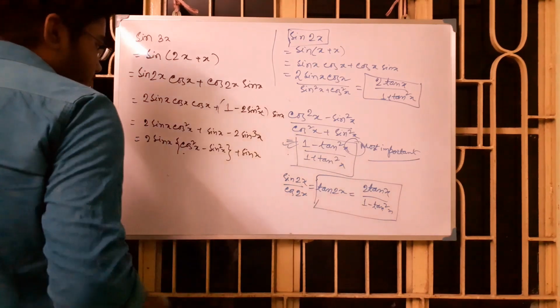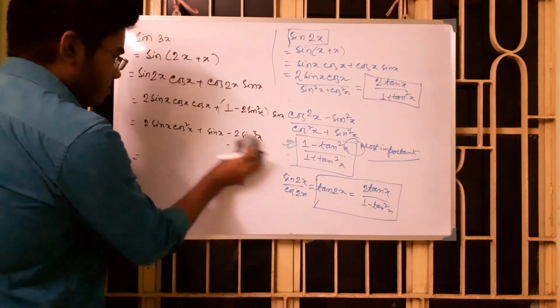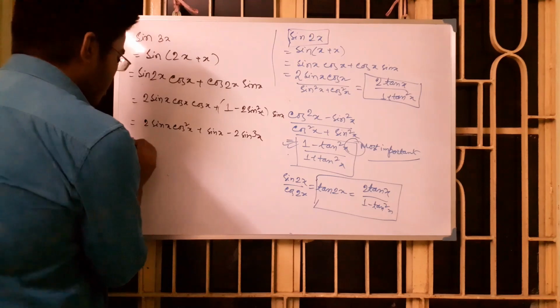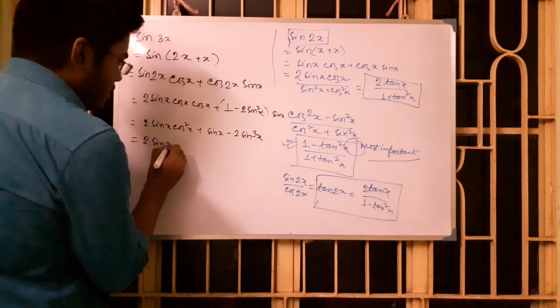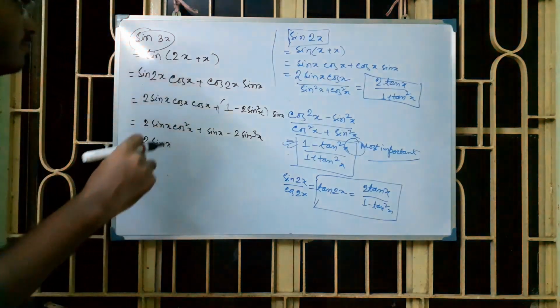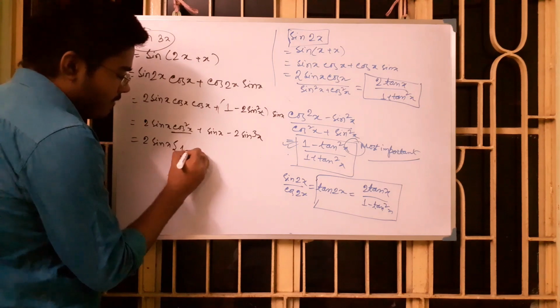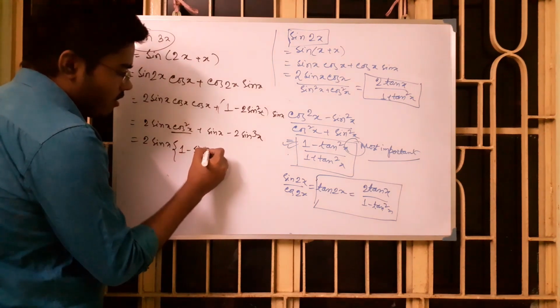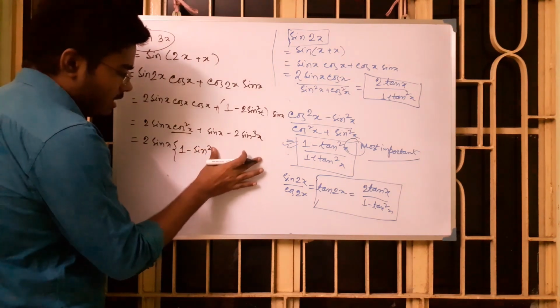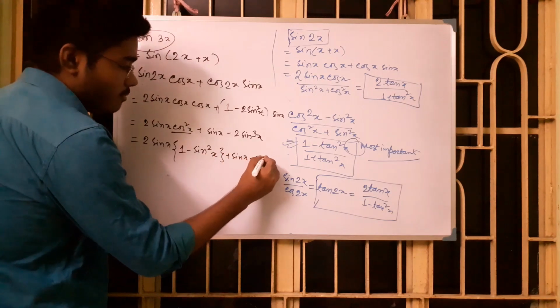Okay. So sorry, 2 sin x, we have to derive sin 3x. I forget it, but what is the thing? That is, you have to convert every sine or cos into sine. So sorry, but this is the process.